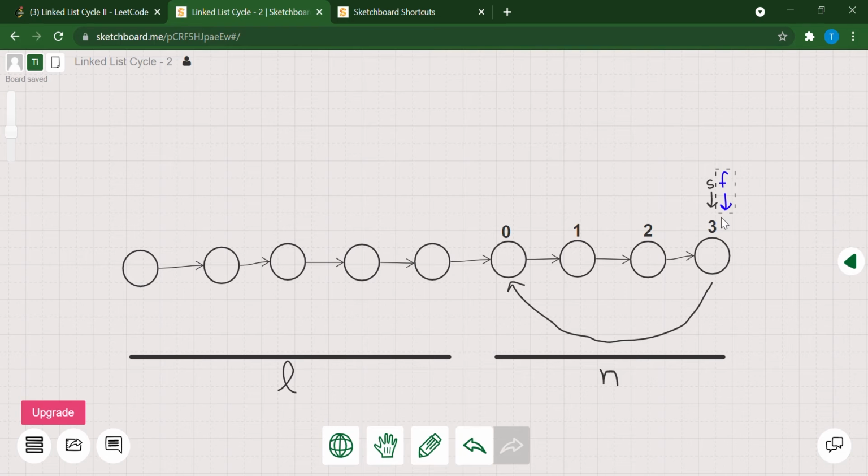So this is going to be my first step, just executing Floyd's algorithm.